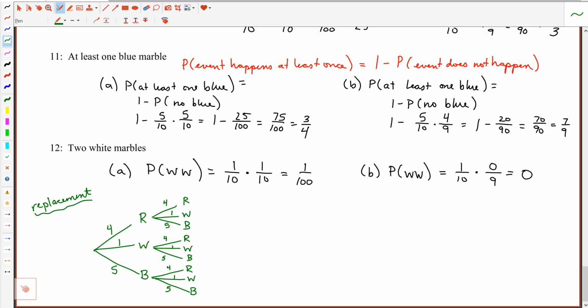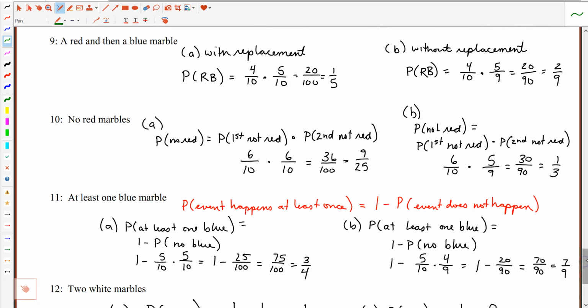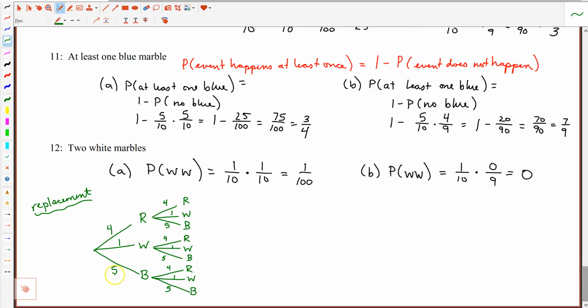So if I want to find, for instance, the probability of, let's come back up here, a red and then a blue marble. All right, so to build the denominator, there would be 10 times 10 or 100 outcomes possible.